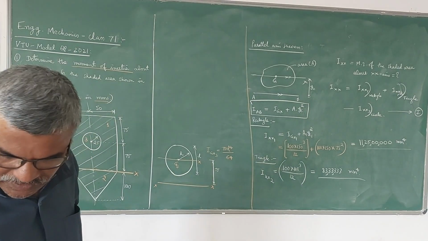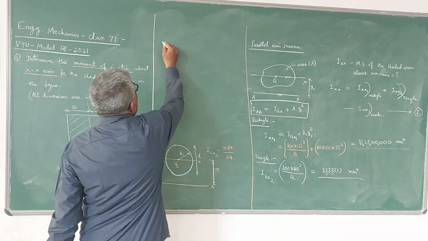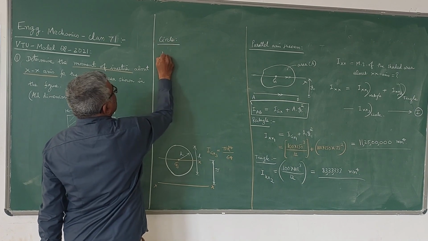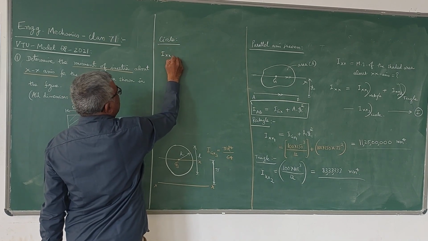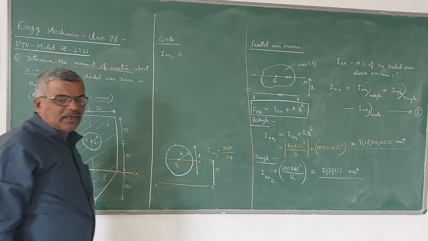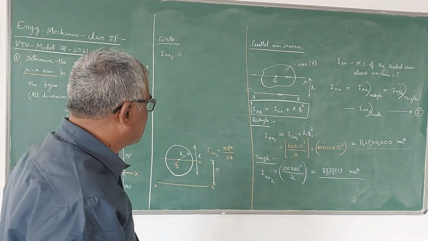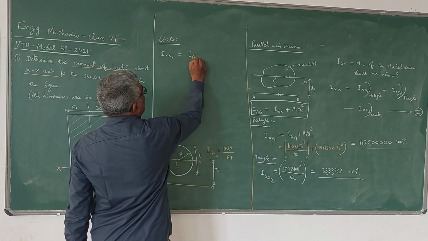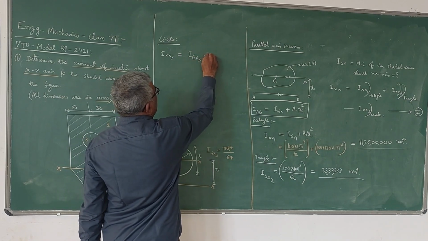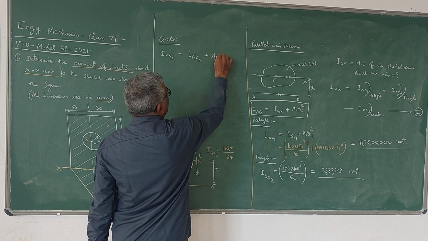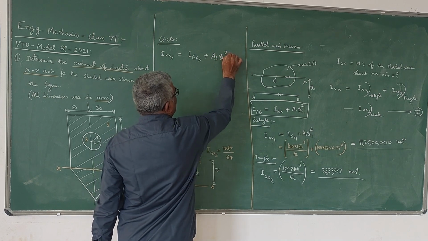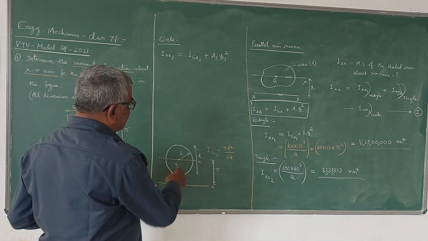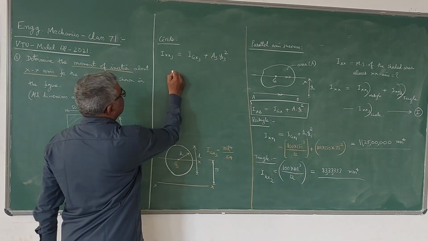For the circular portion, you know that Ixx3 is the moment of inertia of the circular area about the x-axis. Once again, we have the parallel axis theorem here, which is nothing but Igx3 plus A3 into YC3 square.